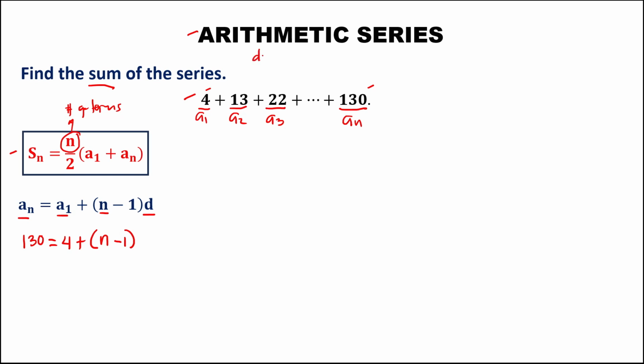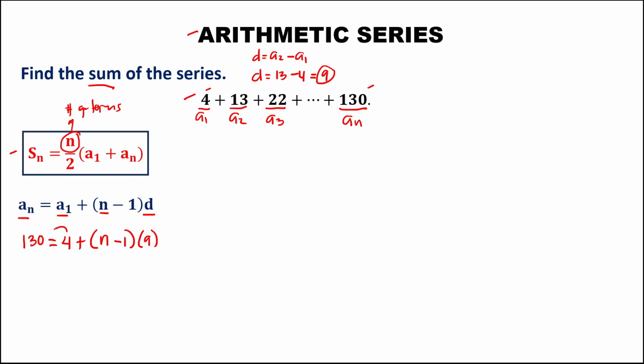So we can find the common difference using a sub 2 minus a sub 1, or a sub 2 is 13 minus 4 for a sub 1. So the common difference is positive 9. So this is times 9.